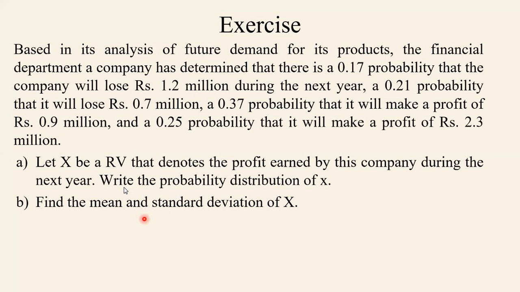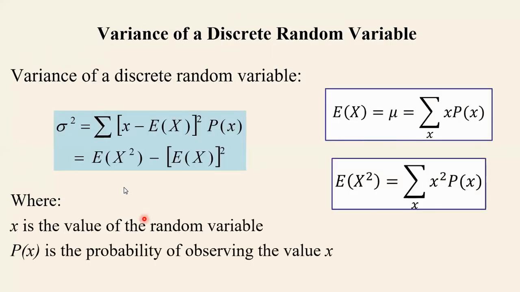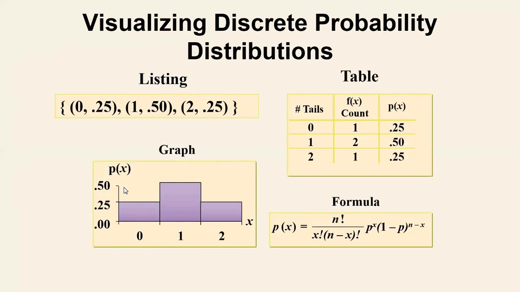Listing format means like this. In this format, create the probability distribution: the first random variable value and the corresponding probability, then the second random variable value, comma, and the corresponding probability. So in this format, you write the probability distribution for the given scenario first.